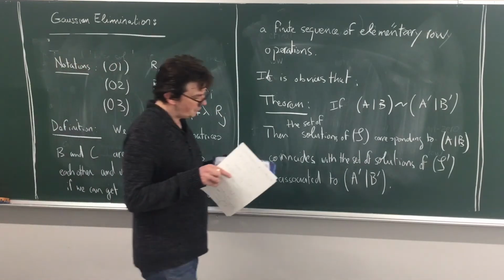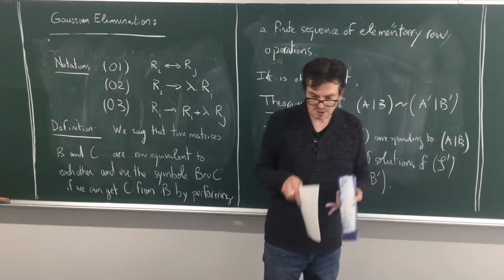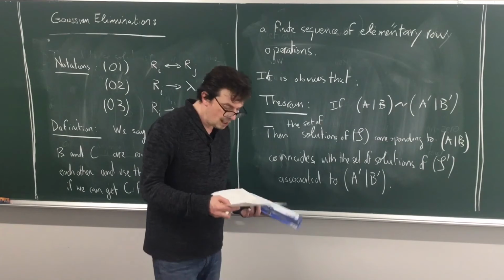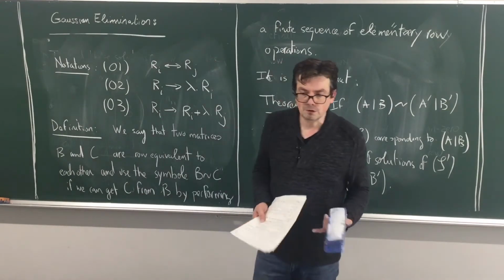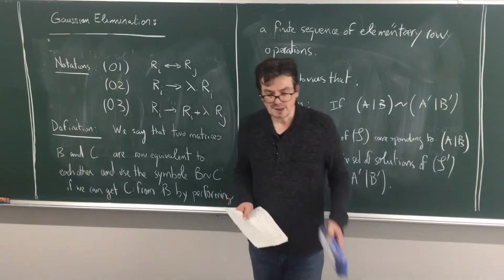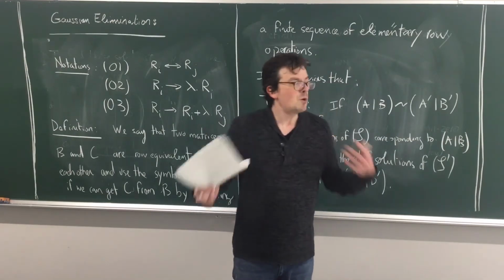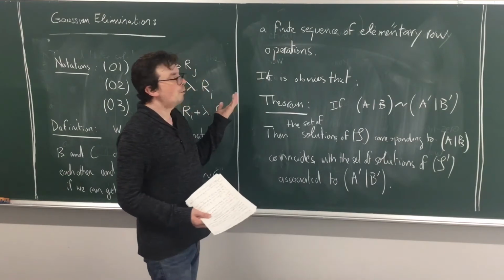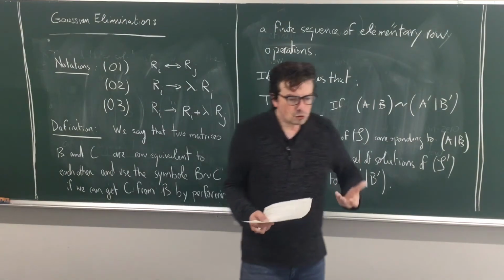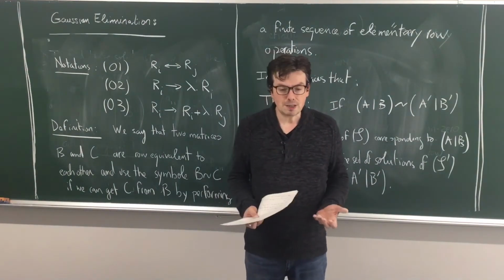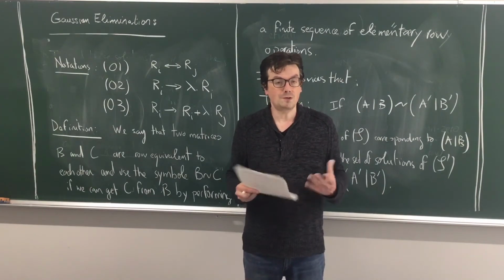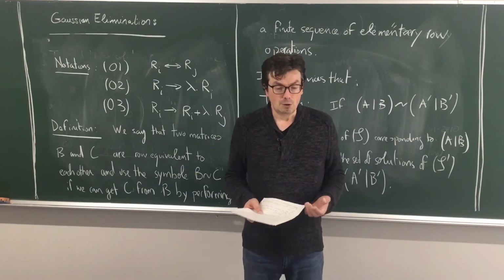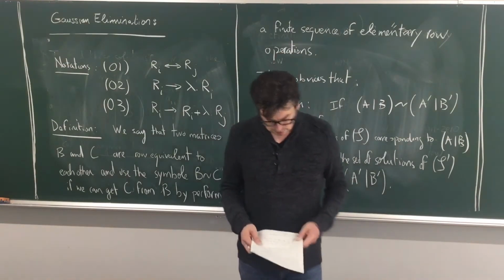So we can transform our system into another system by using these elementary row operations. What is the purpose of that? Starting from a quite complicated matrix and doing these elementary operations, we want to transform this augmented matrix into something simpler, an augmented matrix from which it will be easy to find the solution.